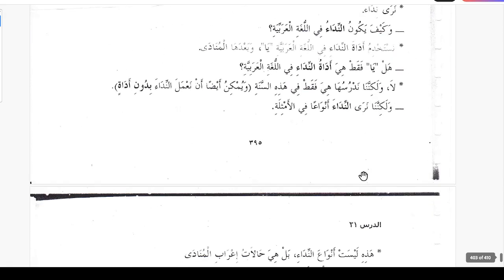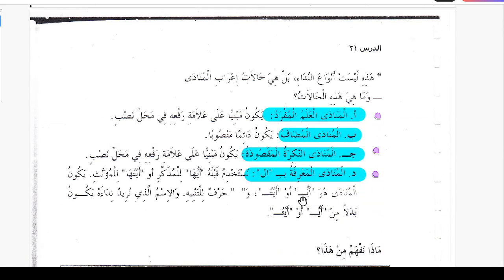In fact the particle ya, the calling, does not go directly with al, so we have to introduce ayyuha or ayyatuha. Ayyuha for masculine, ayyatuha for feminine. So this is alim, the masculine, we have used ayyuha.